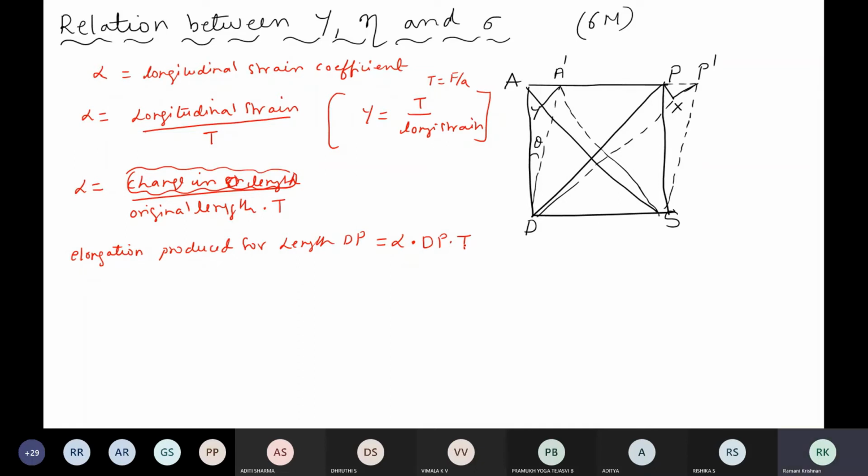Can you see what I am writing? Alpha is called the longitudinal strain coefficient. It is longitudinal strain by tension. Longitudinal strain is the elongation produced to the original length. The original length of the diagonal is DP, and tension T. So I get alpha dot DP dot T. Is it okay, students? Yes or no? Yes, ma'am.